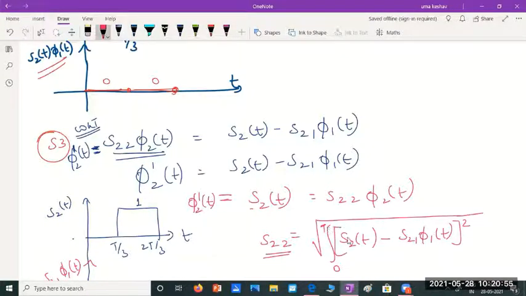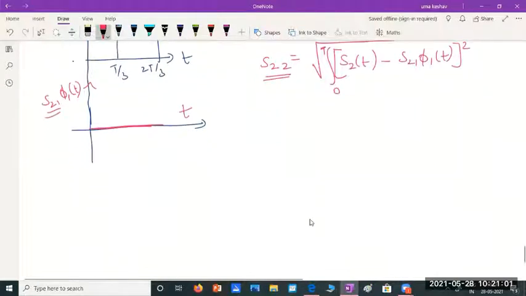And how do I find the energy? Square the signal and integrate between 0 to t. You find the energy and take the root of that energy. As a short form, you can call this the root of energy under the signal.